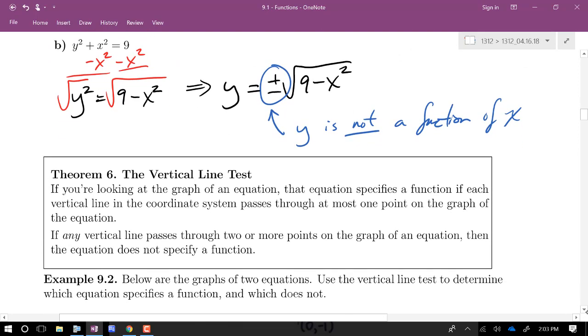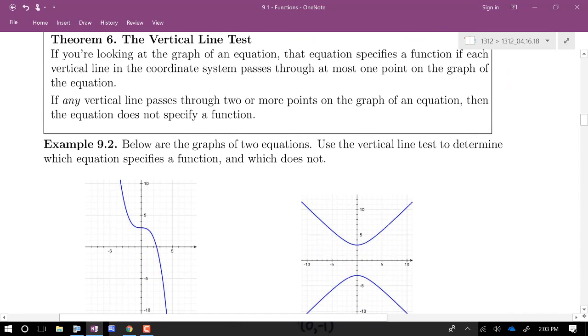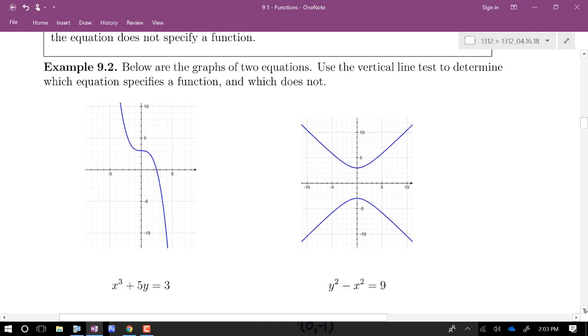Okay. So analytically, manipulating this algebraically, this is the kind of thing we're on the lookout for: are we in danger? Could we possibly get two outputs for a single input? Graphically, if we're looking at a graph of an equation, determining if it is a function is really quite simple, because in order to be a function, for any x there can be only one y.